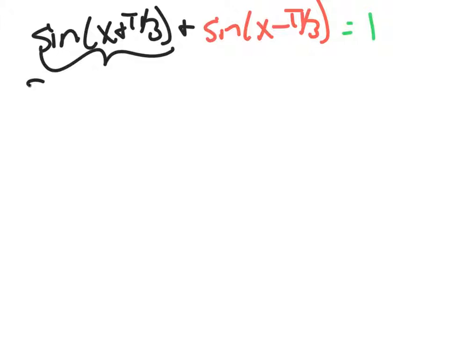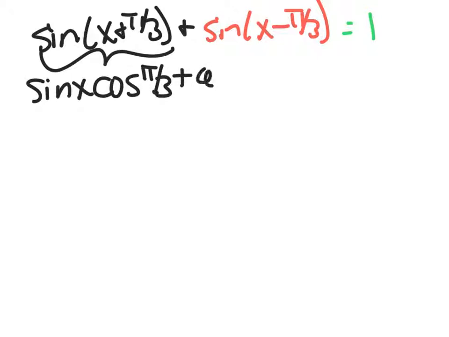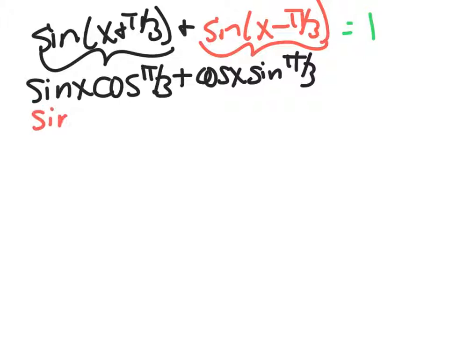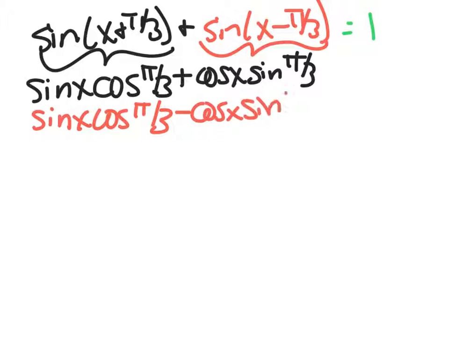Again, a plus b, which is going to be sine, cosine, cosine, sine, and then I'll do the second one, but with a minus sign. Sine, cosine, cosine, sine, and that all equals 1, sorry.